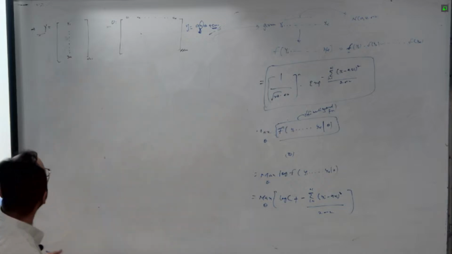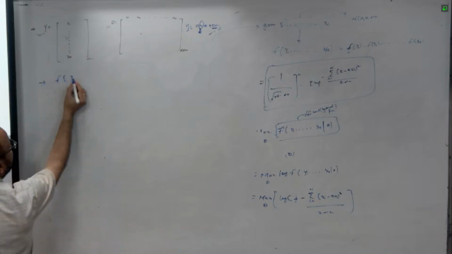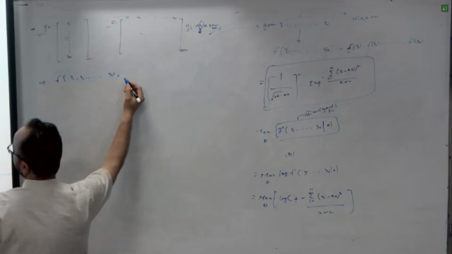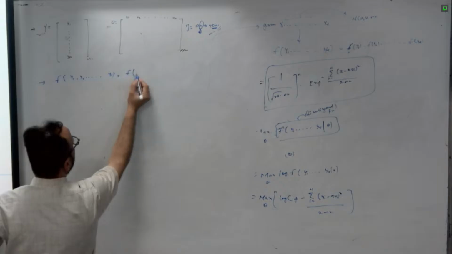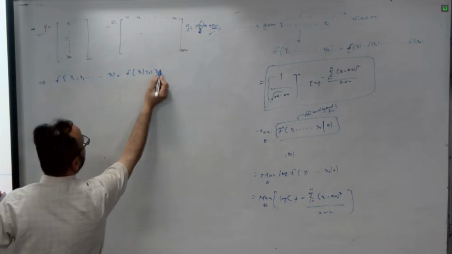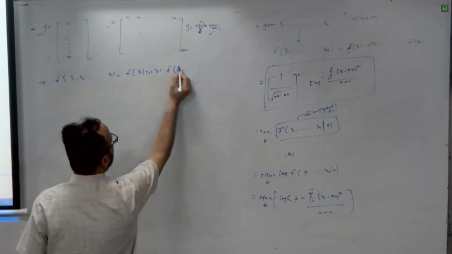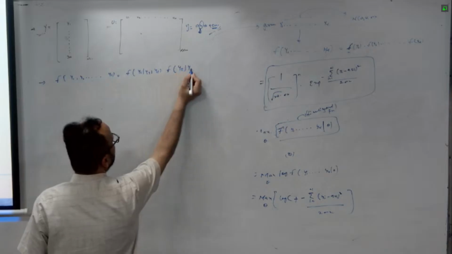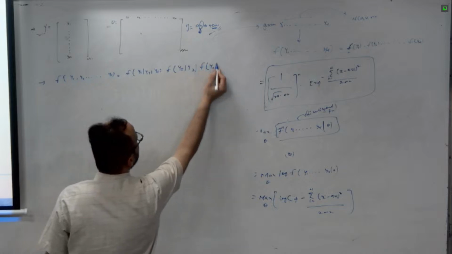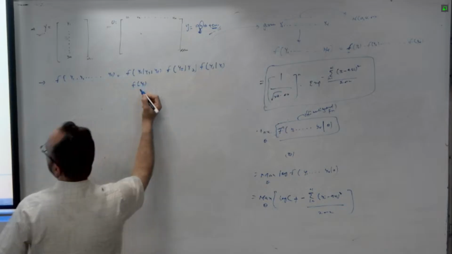Given 6 variables, y1, y2 to y6, first I'll write a joint density function. It is a function of y6 given y4, y5, and you have a function of y5 given y3, and y3 is a function of y1, and y1 is independent because y1 depends only on its past value.